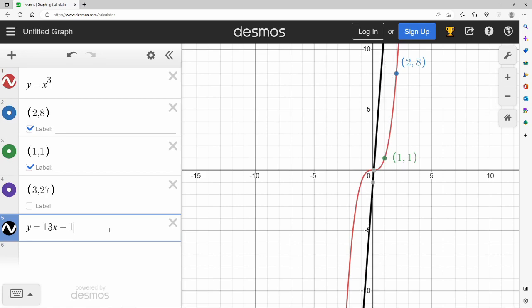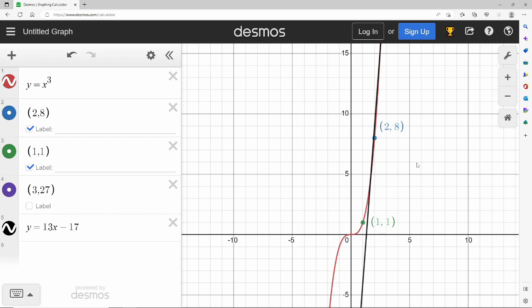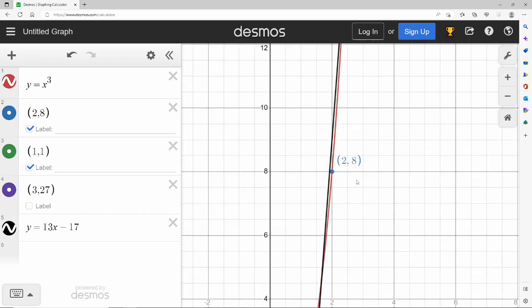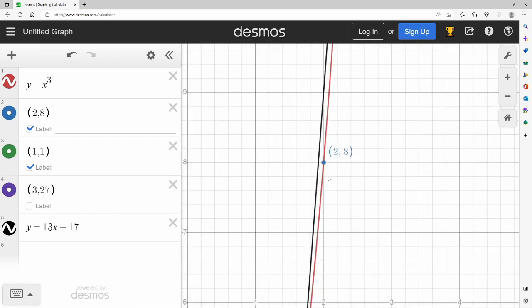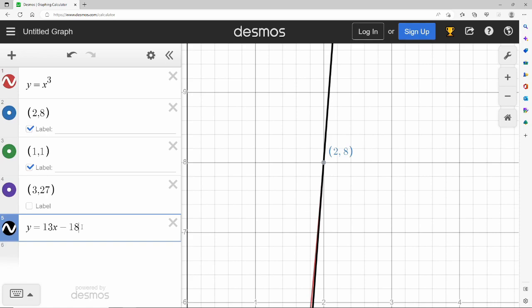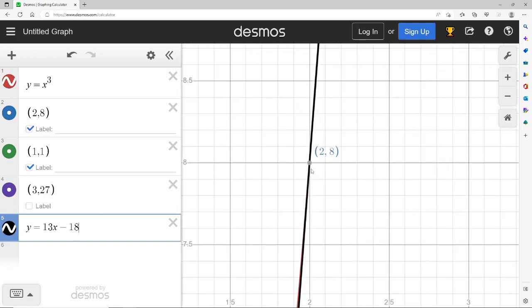I miskeyed that, I was going to type 12. Minus 15, minus 16, minus 17. Yay, we're touching the point (2, 8). Okay, well, it's not exact, but it's close. Could even move it across a little bit more. And that's actually pretty beautiful.